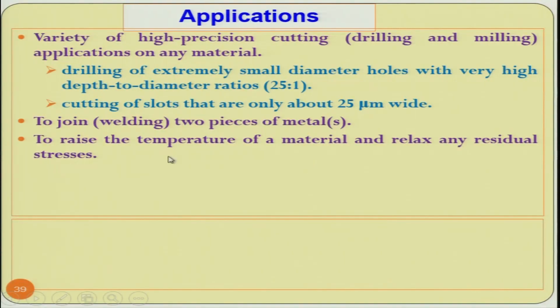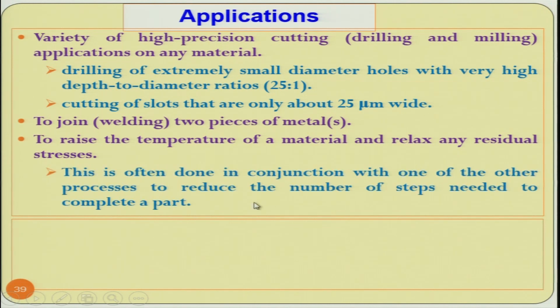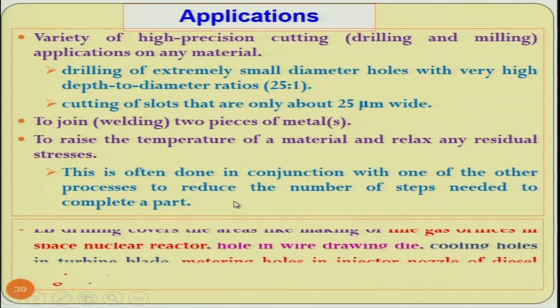It can also raise the temperature of material and relax any residual stresses. This is often done in conjunction with one of the other processes to reduce the number of steps needed to complete a part.